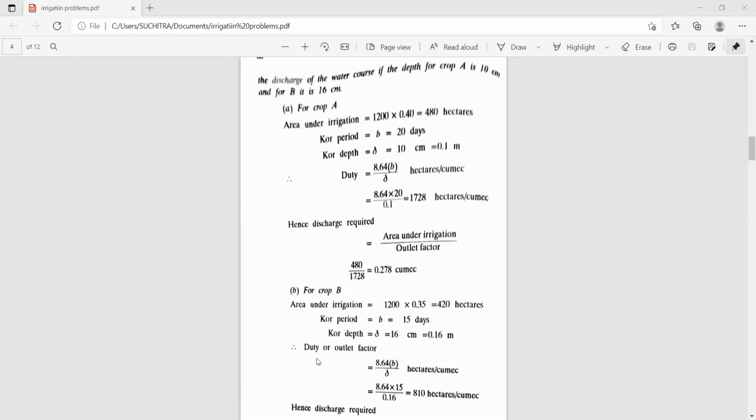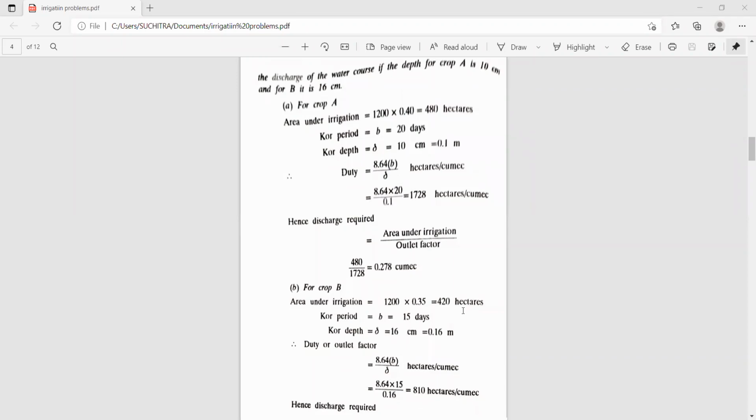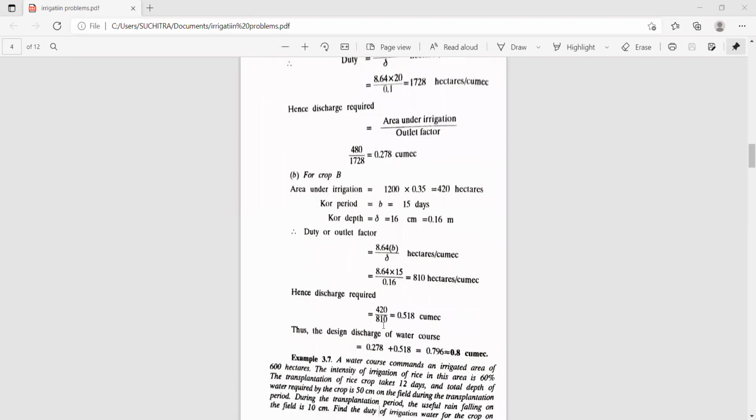And the duty or outlet factor, both are the same, 8.64 B by delta. So it works out to be 810 hectares per cubic. Hence the discharge required, that is 420 divided by 810, works out to be 0.518 cubics. So thus the design discharge of the watercourse is about 0.796 cubics, roughly about 0.8 cubics.